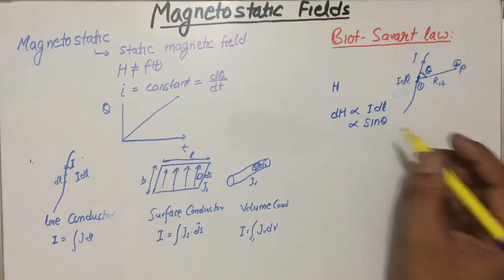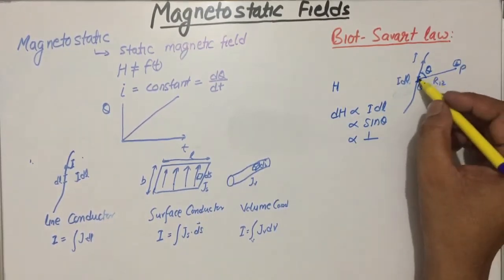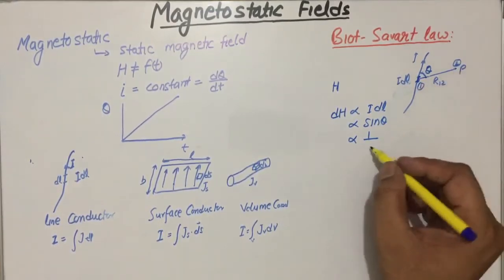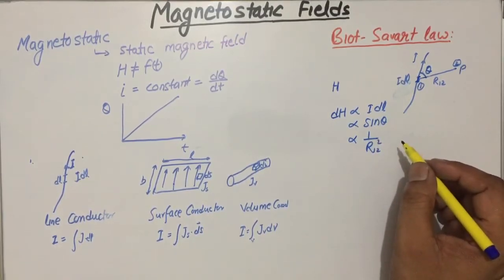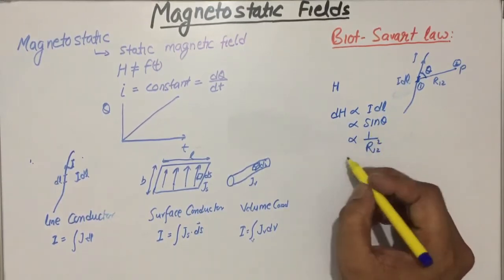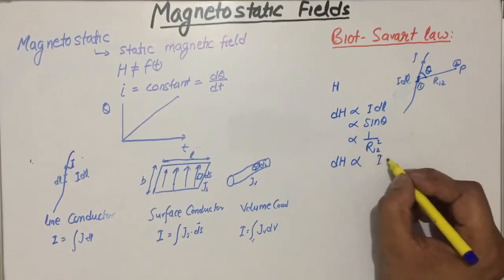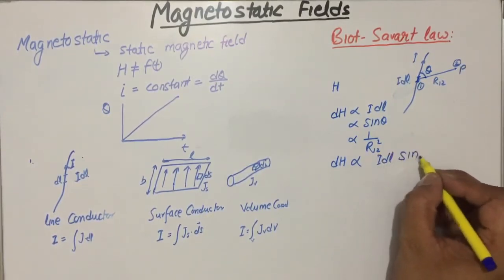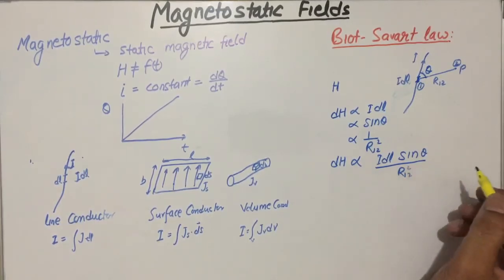And further he obtained that it is inversely proportional to the square of the distance between the current element and the point of interest. In this way, he finally said that dH is proportional to IDL sine theta divided by R12 square.